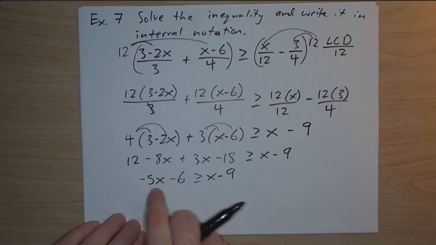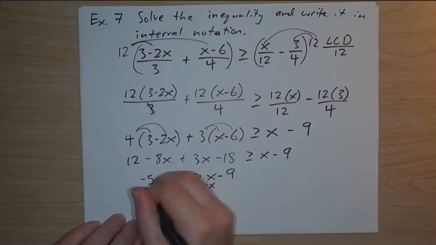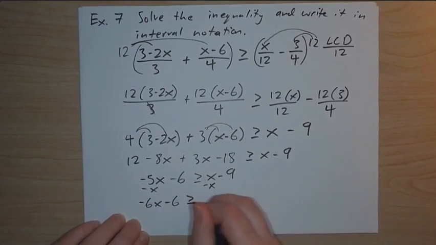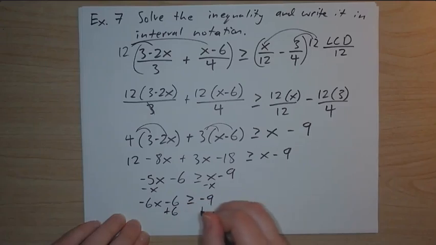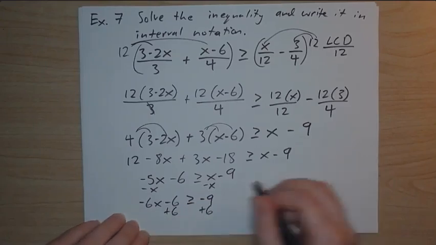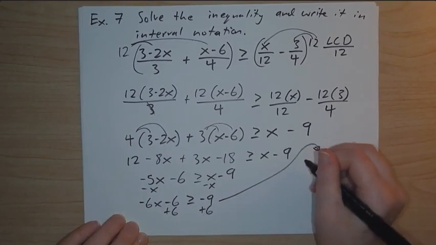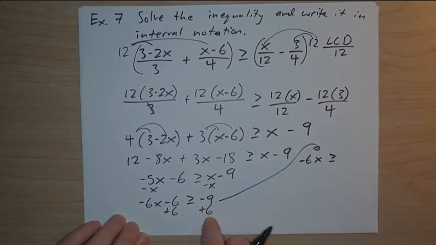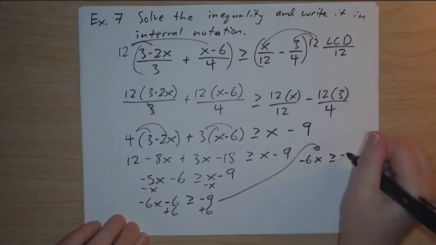I'm going to move this x over to the left-hand side, minus x on both sides. So this is negative 6x minus 6 is greater than or equal to negative 9. I'm going to add 6 on both sides, so we have negative 6x is greater than or equal to negative 9 plus 6, which is negative 3.